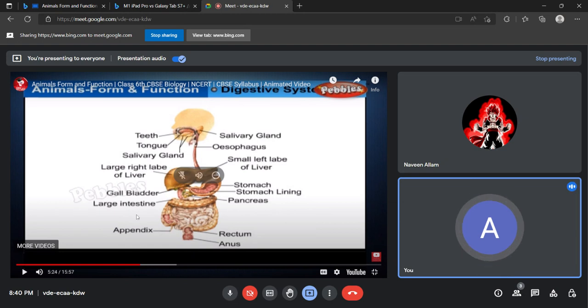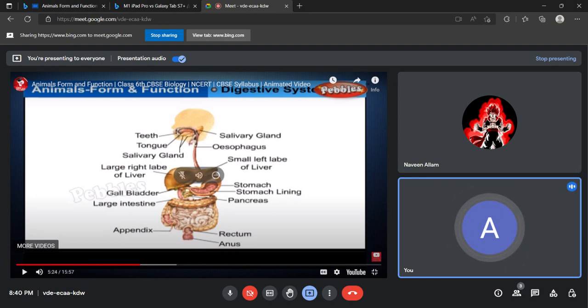Since everything is digested, the food will go into the large intestine, where final digestion takes place if something is left to be digested, and then it will go to the rectum, and then be excreted out through the anus.